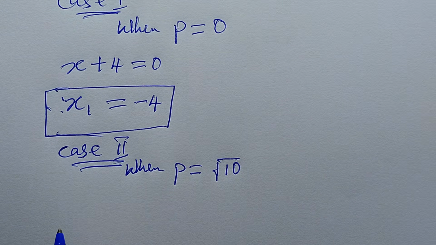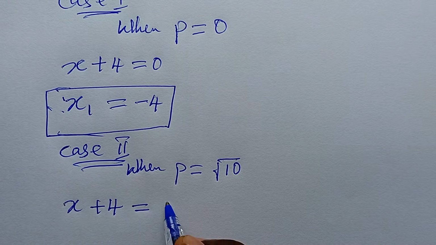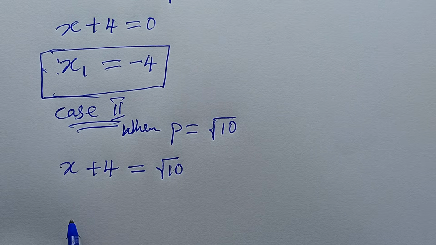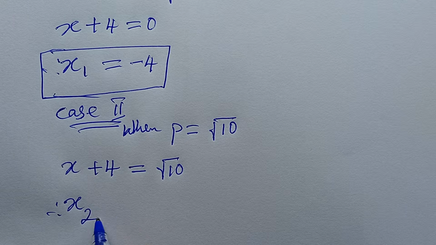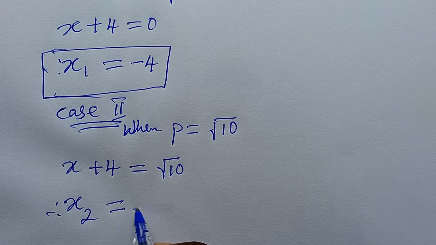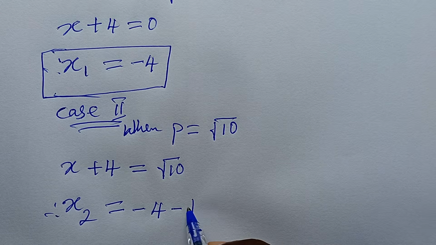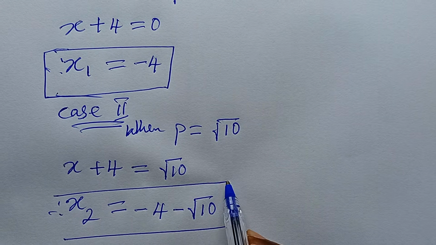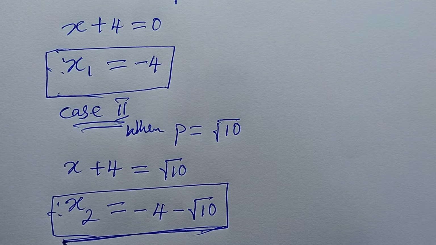And so we're going to have x plus 4 is equal to the square root of 10. And so subtract 4 from both sides is going to give us x. Therefore, x2 will now be equal to minus 4, then plus the square root of 10. This is the value of our second x.